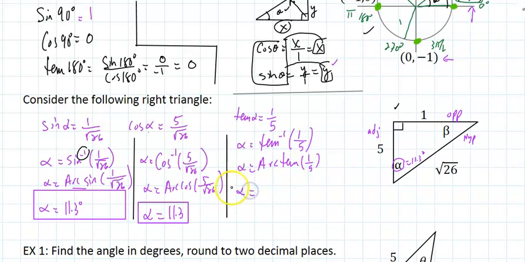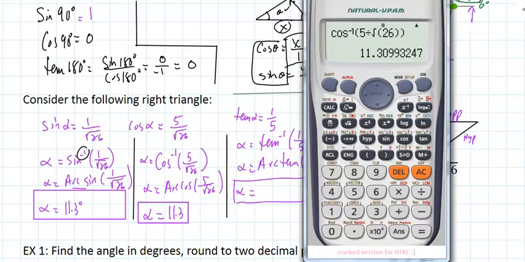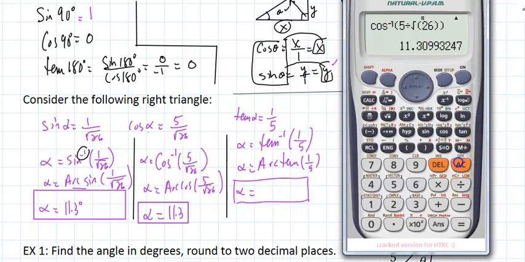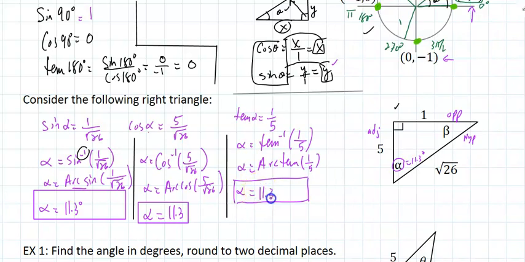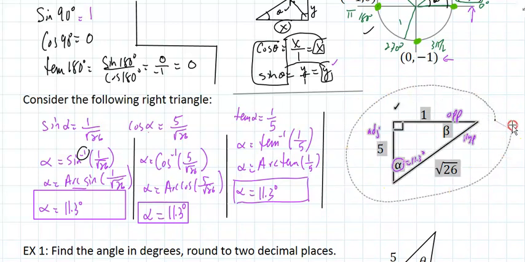And alpha would be, I plug that in my calculator, and what do you think I'm going to get? Can you guess? If I take arc tangent of 1/5, I'll get 11.3. Oops, that was radians, now it's degrees. There it is. So does it matter which of those three I use? Of course not. It makes no difference whatsoever.